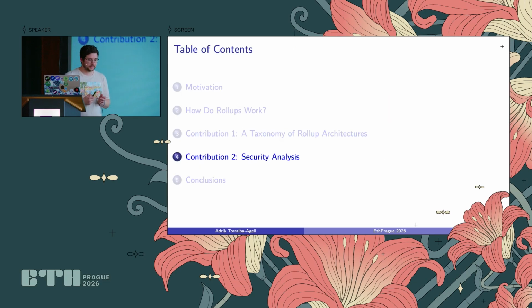Well, having said that, let's move to the second contribution, which is about the security analysis of all the attacks that we thought are possible from a network point of view, given these architectures that I just presented. For the attacks, we have classified them into 3 different phases.